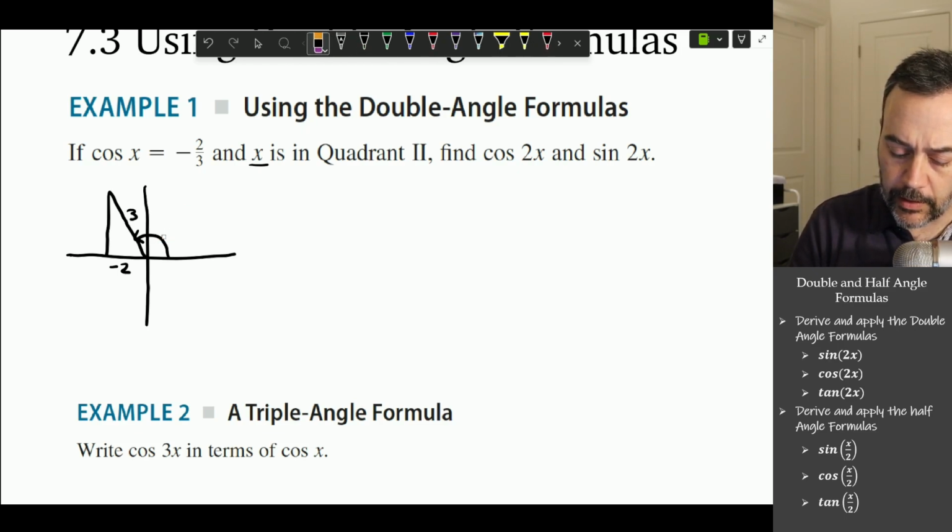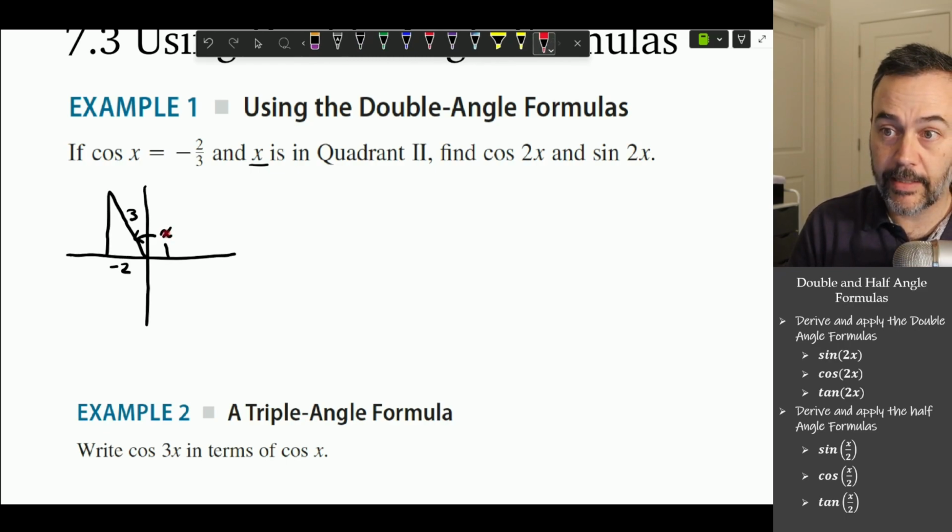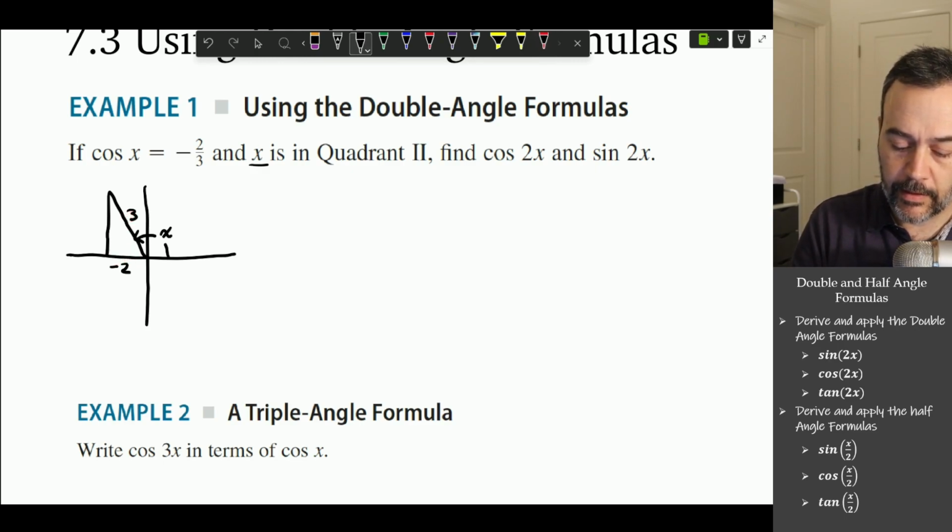And I just realized I should label this x. Cosine of x is the x coordinate divided by the radius.